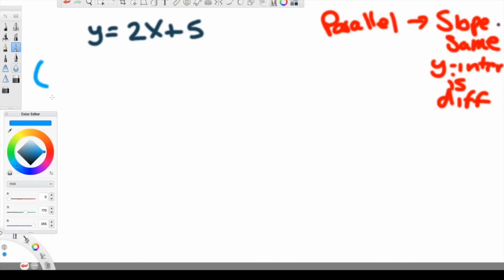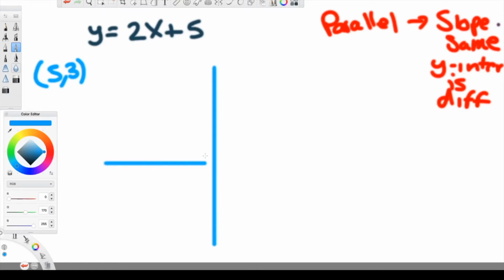But let's say a question had given you: find a parallel line from this equation that goes through the point, let's say, 5, 3. So here I'm going to draw a quick graph. 1, 2, 3, 4, 5, 6. 1, 2, 3, 4, 5. 1, 2, 3, 4, 5, 6. 1, 2, 3, 4, 5.